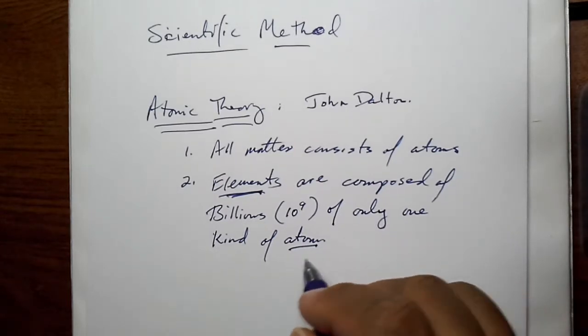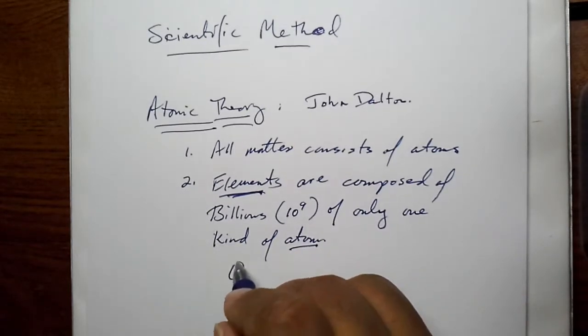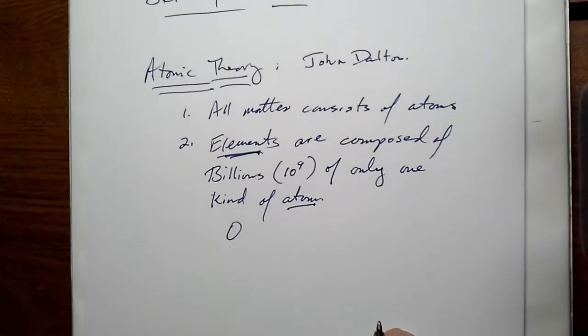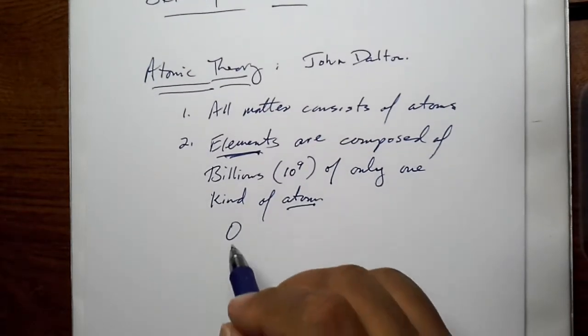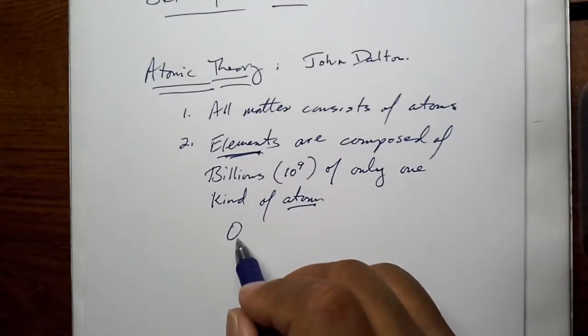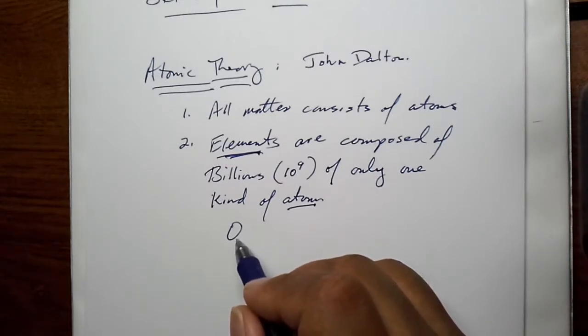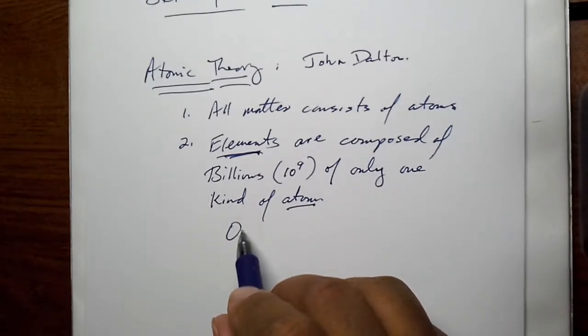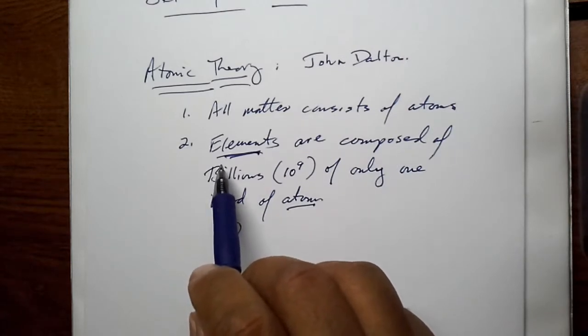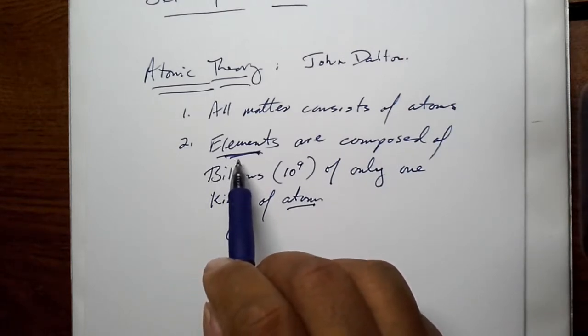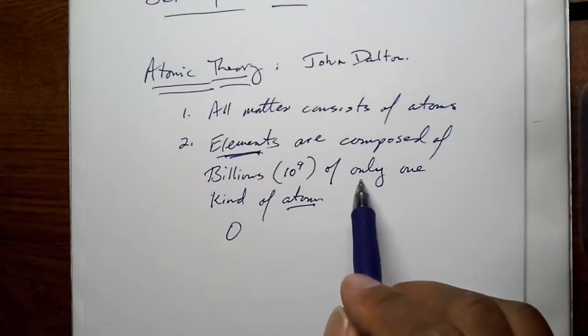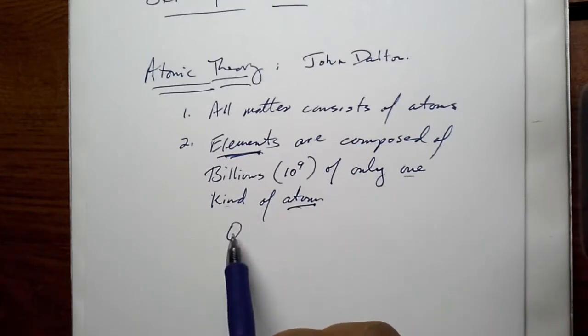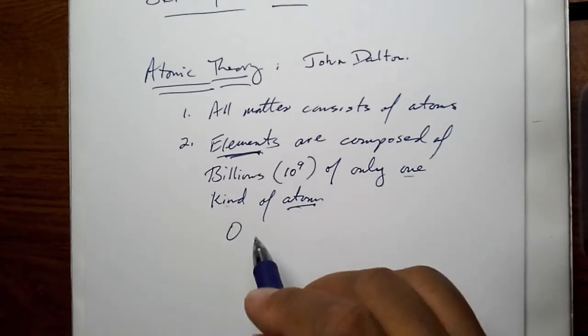Okay, for instance, the element of oxygen. Oxygen we think of as a gas. This gas is an element, and that element consists of billions of atoms that interact with one another to give us the characteristics of oxygen.